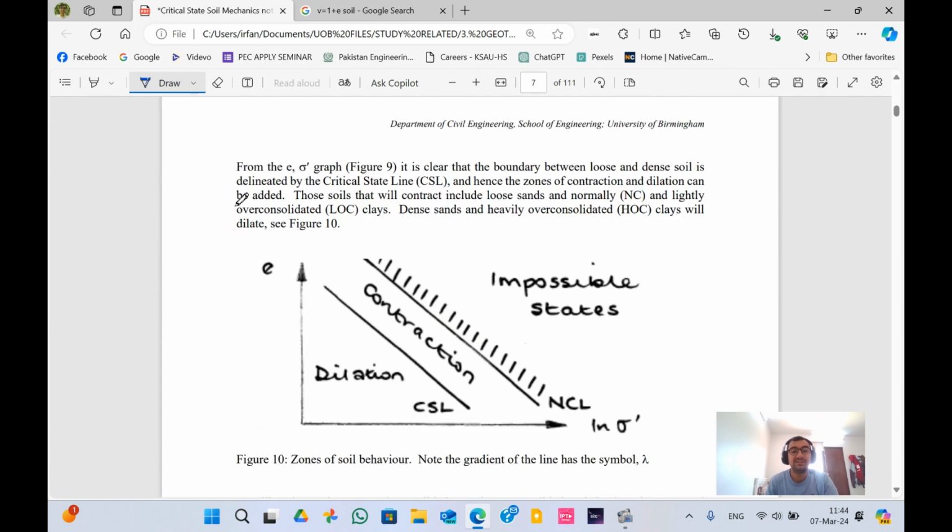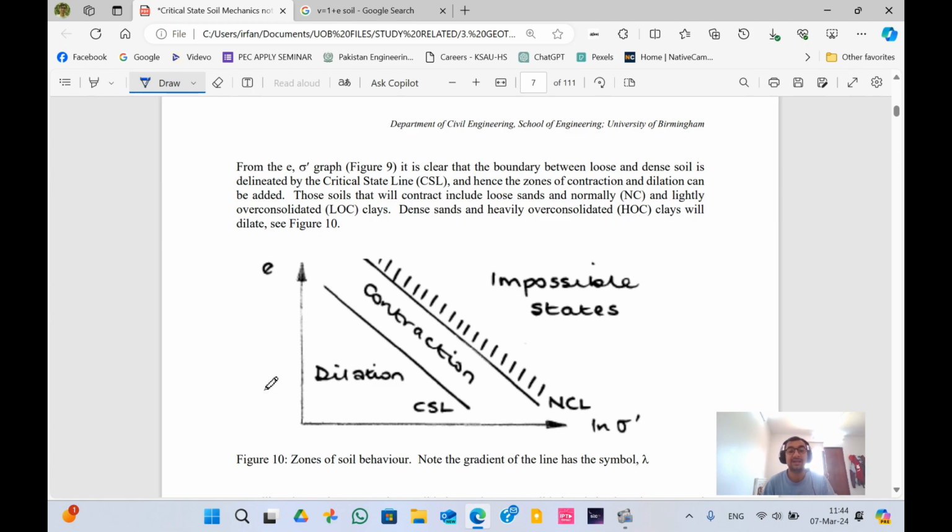From the void ratio versus effective stress graph, we know that the boundary between loose and dense soil is delineated by the critical state line. The critical state line is basically a barrier, or a differential, between the loose soil and the dense soil.